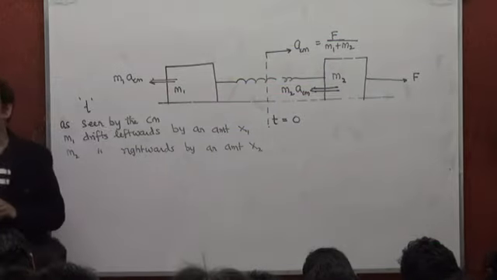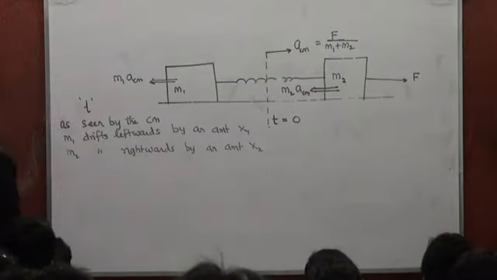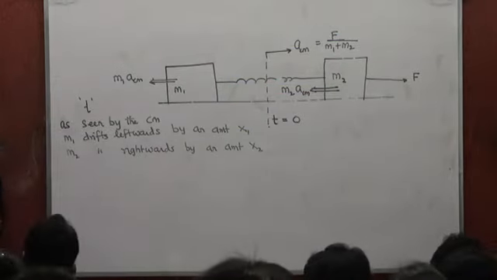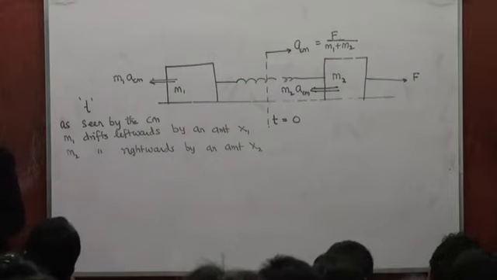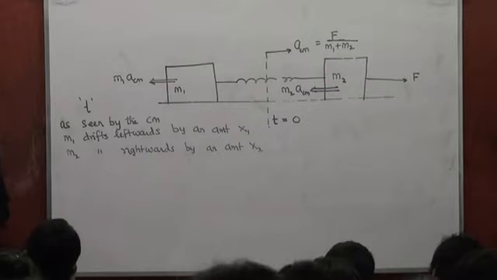So in the center of mass frame, m1 deviates by an amount x1 leftwards and m2 deviates to the right by an amount x2.